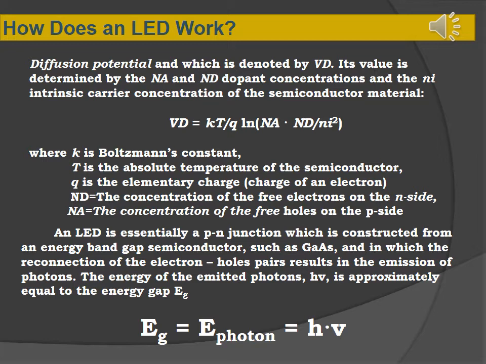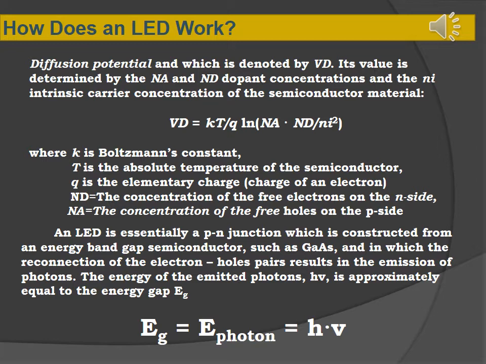And the equation is Vd equals kT over q ln of Na times Nd over Ni squared, where k is Boltzmann constant, T is the absolute temperature of the semiconductor, q is the elementary charge of an electron, Nd the concentration of the free electrons on the n side, and Na the concentration of the free holes of the p side.